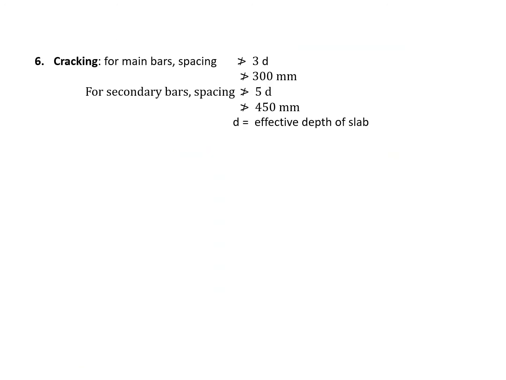Then cracking. For cracking requirement, all you have to take care of is that spacing is not too much. And what is too much? The spacing of main bars shall not exceed 300 or 3 times effective depth, whichever is smaller. And for secondary bars, that is distribution bars, the numbers are 5D and 450.